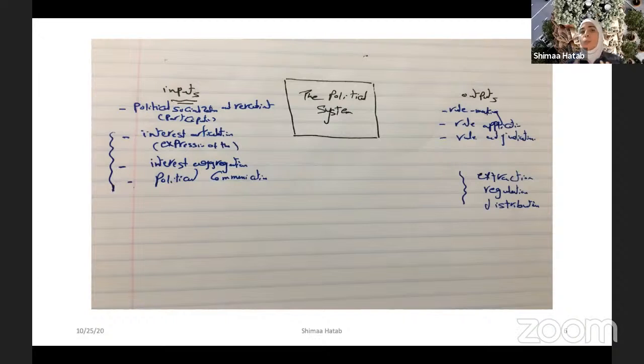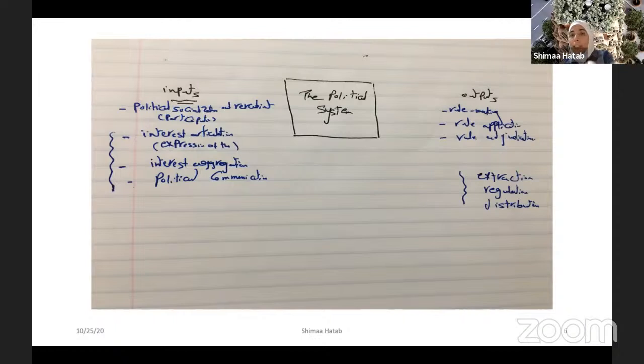And then political communication, mainly political parties and leaders who get access to parliament or the legislative branch in order to represent and articulate the interest of their constituencies.